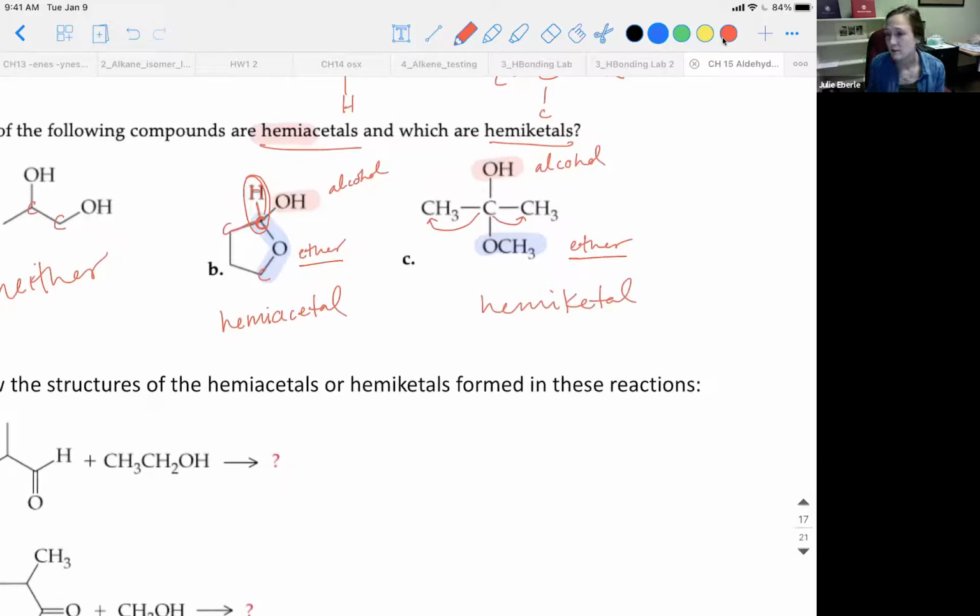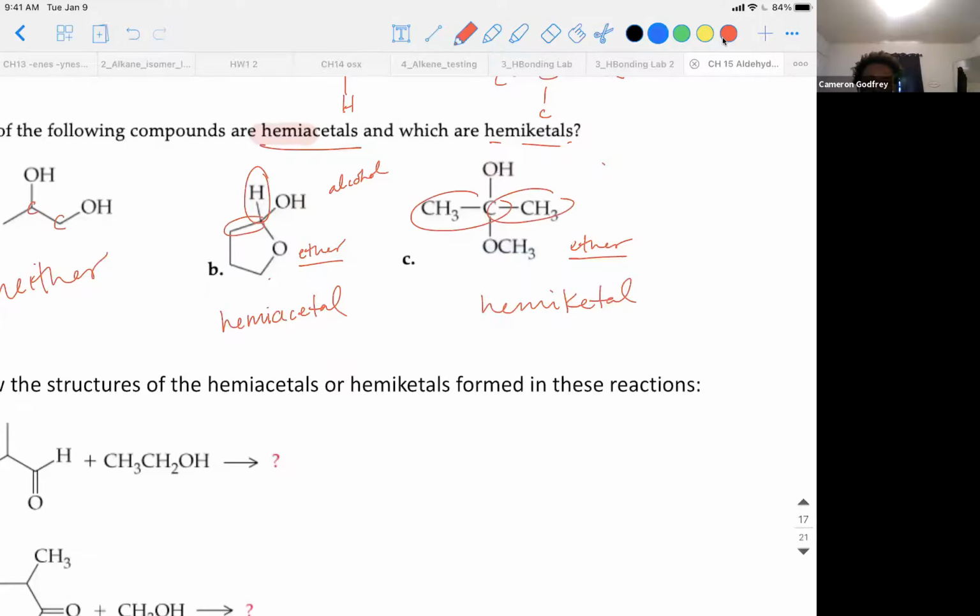So that's not what differentiates them. Hemiacetals and hemiketals are going to have an alcohol and an ether group. What makes them different are the other two bonds to the carbon. Ignore the alcohol and the ether group. That's just going to help you locate which carbon you need to focus in on.